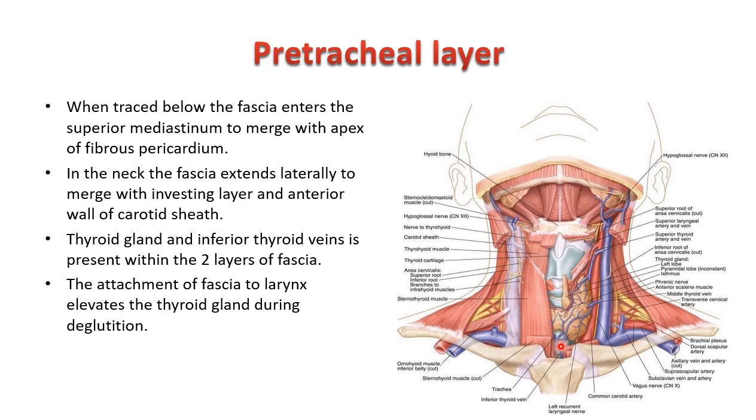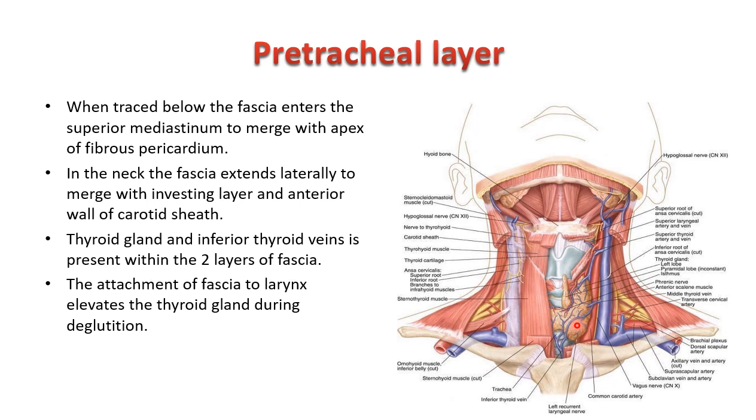Okay, so since this fascia encloses the thyroid gland and attaches to the laryngeal cartilages, when the larynx moves, naturally the thyroid gland also moves. That is how you can distinguish between a swelling of the thyroid and an enlarged lymph node.